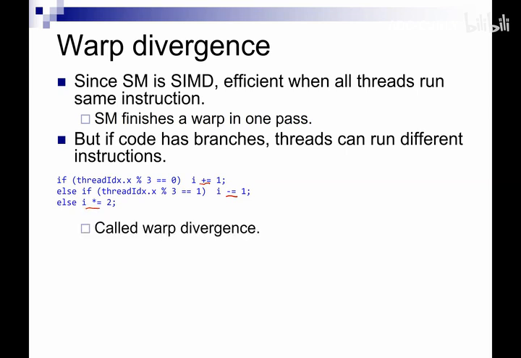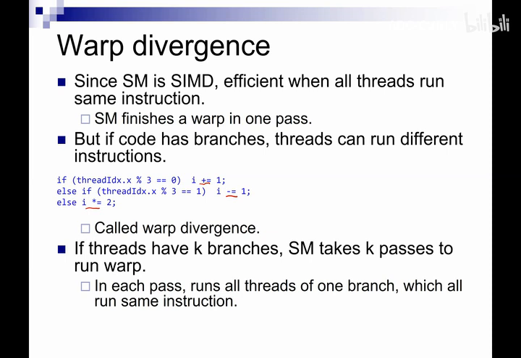So now the warp of threads are trying to do 3 different instructions, and because of the GPU architecture, they cannot do all 3 instructions in the same cycle. In fact, we have to break these threads into 3 different cycles because they're doing 3 different operations. So this is called warp divergence: the threads are doing different things.